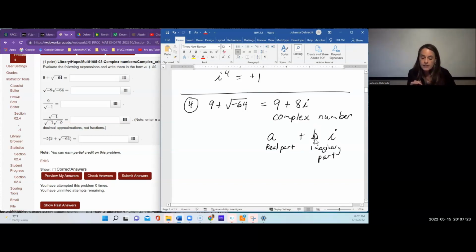The I part has a coefficient attached, and that number is called the imaginary part. And then it's multiplied by I. I, in other words, is not a part of the imaginary part. The imaginary part is just the coefficient. So in this case, the imaginary part is 8, and the real part is 9.